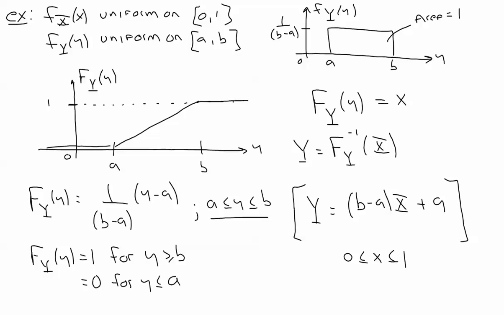Okay? All right. One last example. Once again, I'm going to assume that x is uniform on the range 0 to 1. And this time I'm going to assume that my probability density function for y is a Rayleigh probability density function.